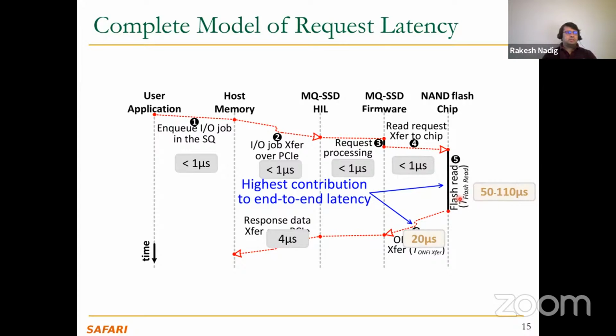It takes around 3 microseconds for a flash read operation. And due to the high bandwidth available in those devices, even the data transfer latency is very small. So the simulator has to model these latencies in a correct manner to model the performance of the device.